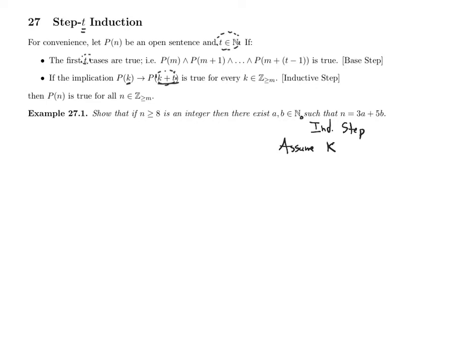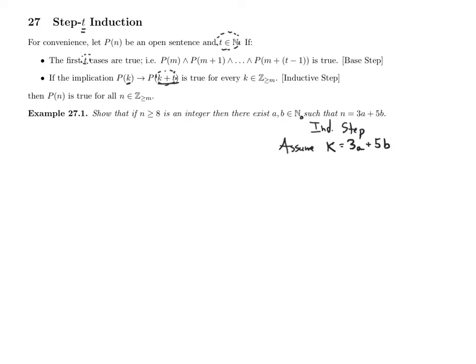But there is a k where we can find an a and a b, so that k equals 3a plus 5b. And you could think, well, it would be quite hard to use this to show that k plus 1 can be written as a whole number multiple of 3 and 5 using this fact. But it would be really easy to show that 3 more than k could, because you just add another 3.